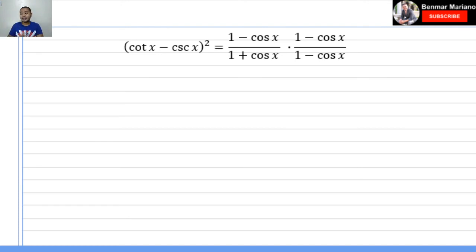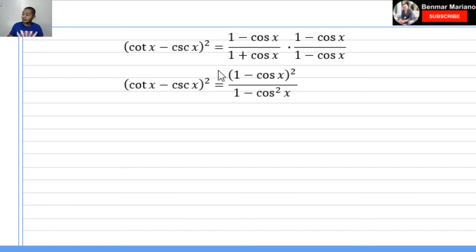Okay, next, what we can do here is that we can now multiply the 1 on the numerator. That will become the quantity of 1 minus cosine x squared. Our denominator will become 1 squared minus cosine squared x. Next, our denominator now will become sine squared x.